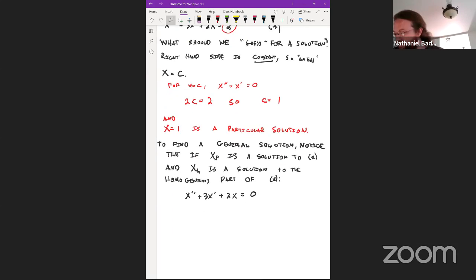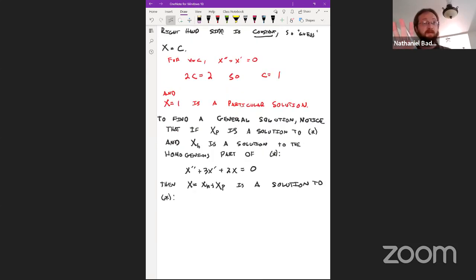So if we can find a solution to this, then the following must hold, right? If we have x equals xh, the homogeneous solution, plus xp, the particular solution, this is going to be a solution to star.